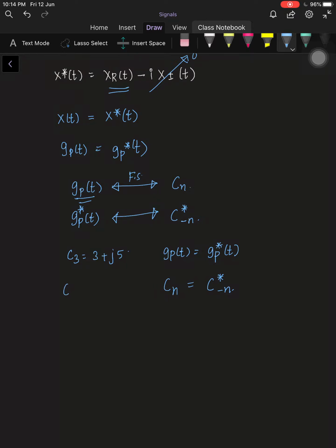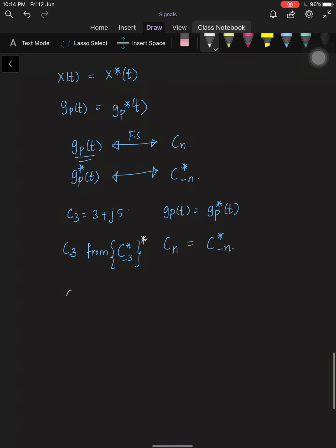They have asked us to find C of minus 3. Now how do you find C of minus 3 from C star of minus 3? The most basic operation is to take a complex conjugate again. That is to say, C3 is the same as C star of minus 3.